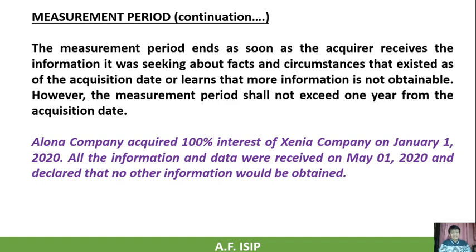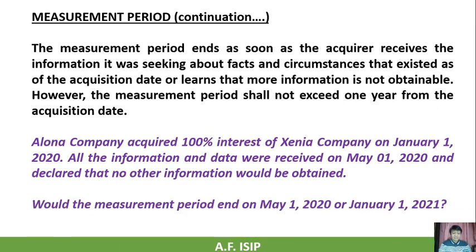So Alona is lucky enough that as early as May 1, they completed the data and information that they need in relation to the business combination. They also declared that there will be no other information to be obtained as of May 1.